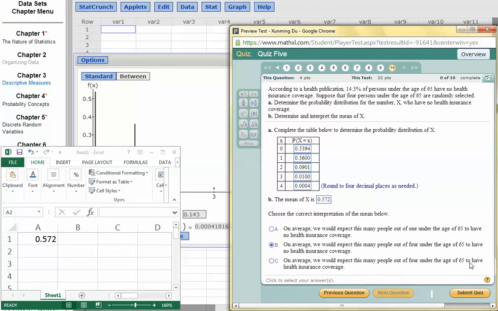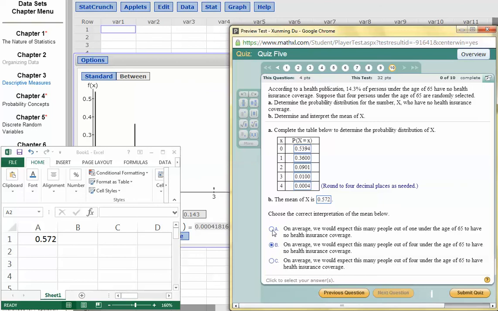Because C is about having health insurance coverage, and here there is a no. Why is it no? Because 0.143 corresponds to this P, which is for having no health insurance coverage. So it's not C.